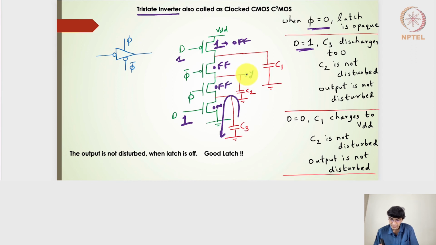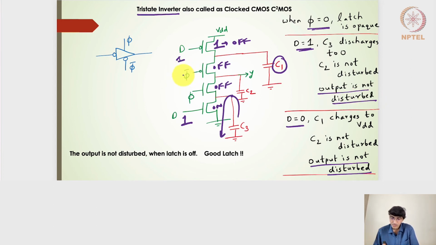Because this is an off transistor, the Y node is not at all connected to the C3 node, right? And similarly, if I make D equal to 0 here, the PMOS transistor will be turned on, and C1 will get completely charged to VDD. But the output node is not getting disturbed, because this particular clock has ensured that the PMOS transistor is off. So the output doesn't get disturbed at all in this case, and that's why it is a very good design.